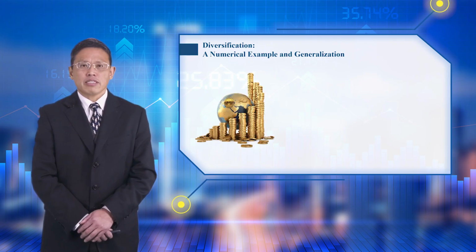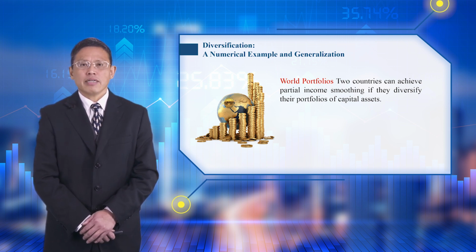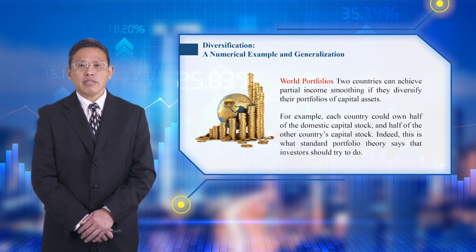World portfolios. Two countries can achieve partial income smoothing if they diversify their portfolios of capital assets. For example, each country could own half of the domestic capital stock and half of the other country's capital stock.